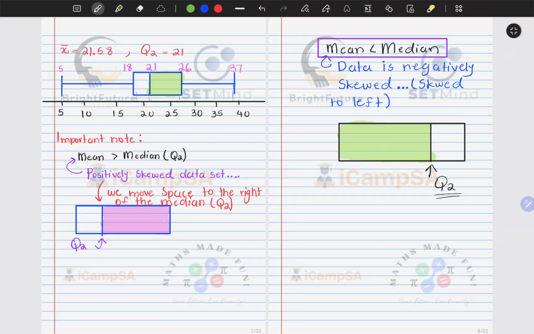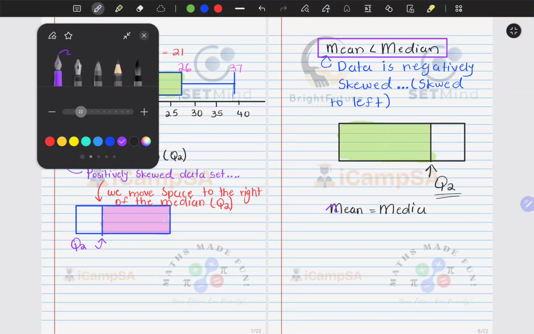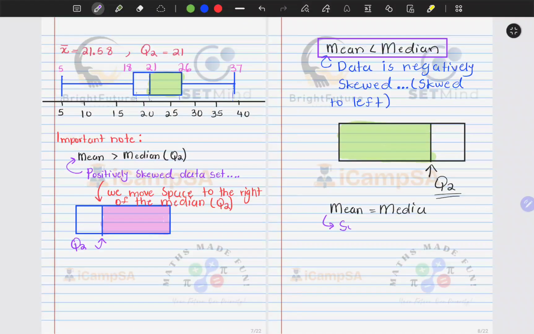This would be Q2. And then you have one where your mean and your median are equal. This one is not skewed to the left or to the right. It is rather symmetrical. What does that mean?